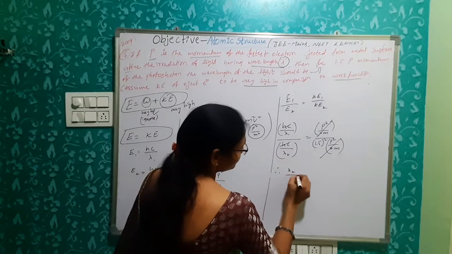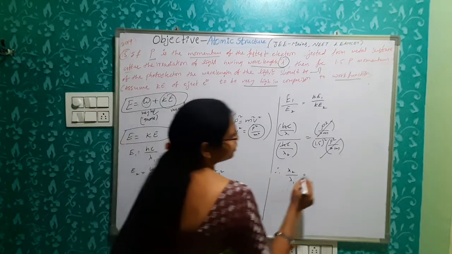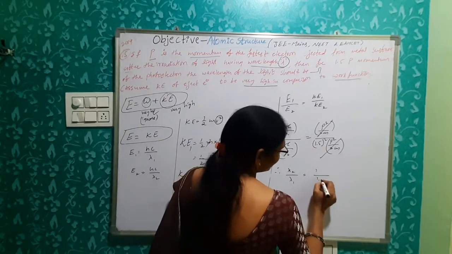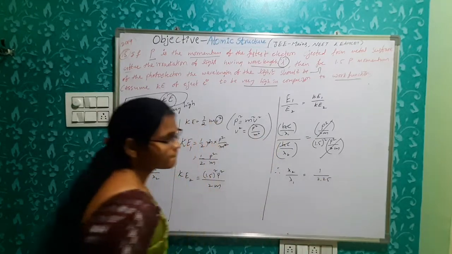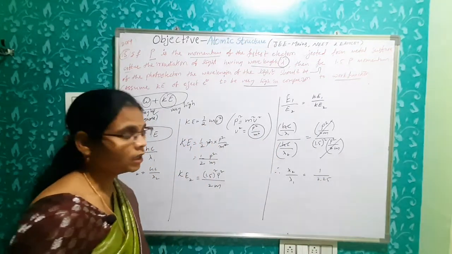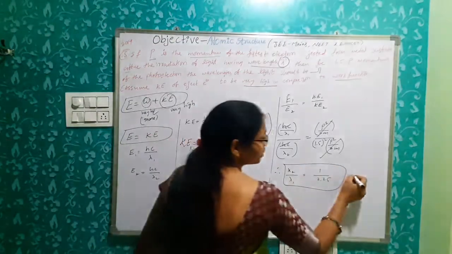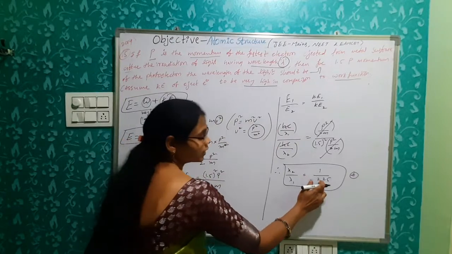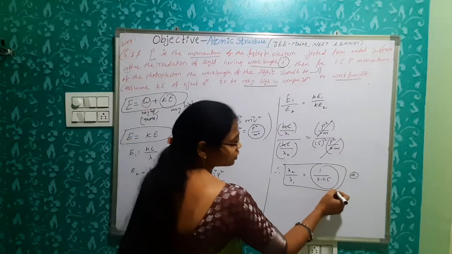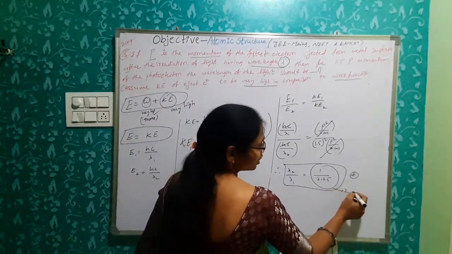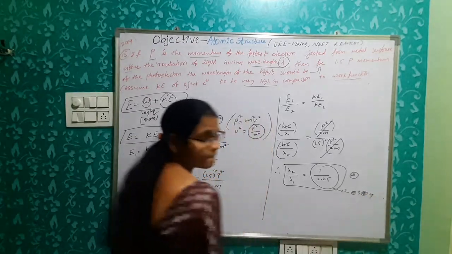Therefore, lambda 2 by lambda 1 will become 1 by 1.5 whole square, which means 1 by 2.25. So this is the answer. Or, to avoid the fractional value, this value is multiplied with a suitable integer, maybe 2 or 3 or 4, and so on.